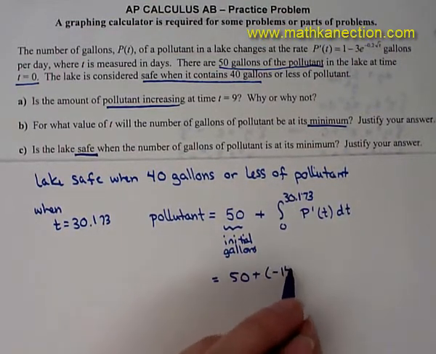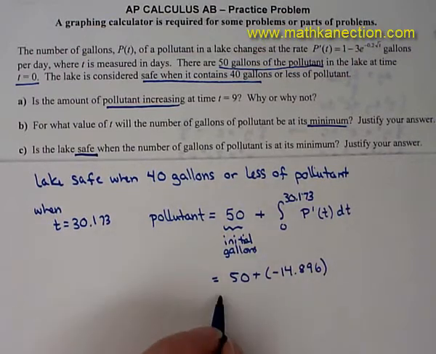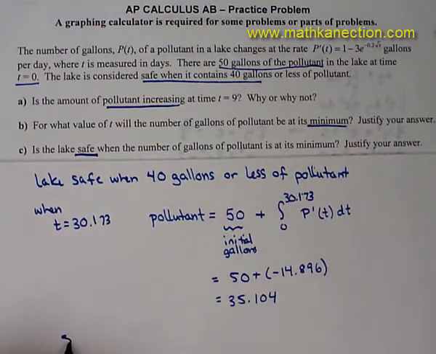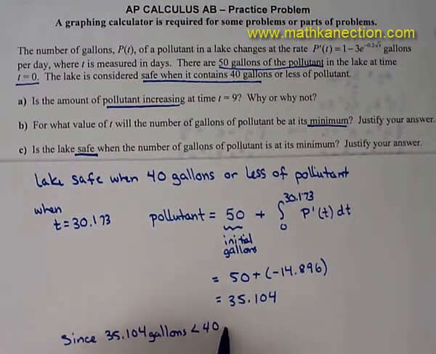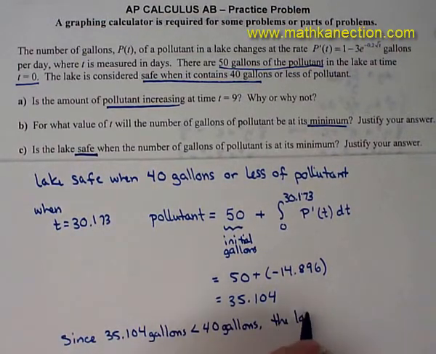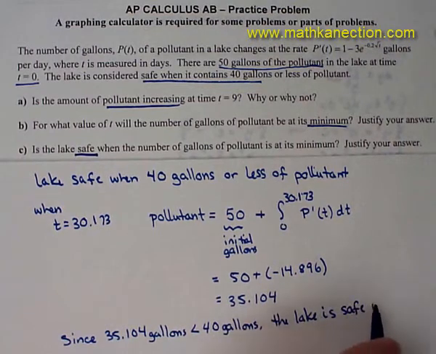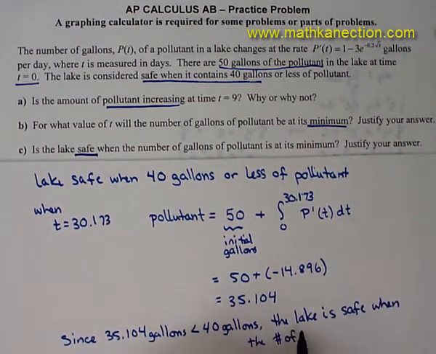So we have 50 plus the negative 14.896 gallons, which is 35.104. So since 35.104 gallons is less than the 40 gallons, then the lake is safe when the time is equal to 30.173, which is when the number of pollutants is at a minimum.